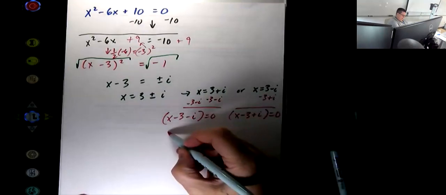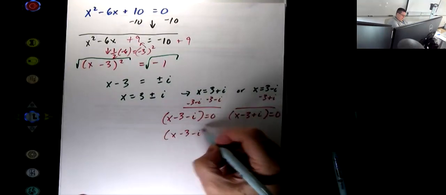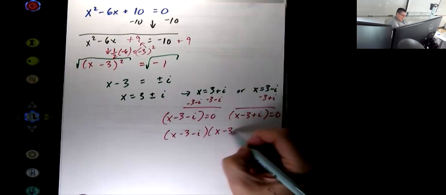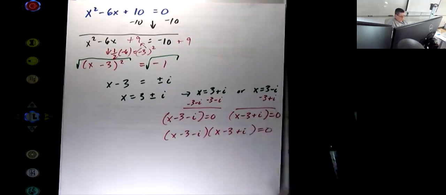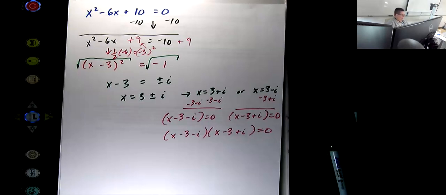So you have x minus 3 minus i times x minus 3 plus i equals 0. That doesn't look all that easy, does it? There's no way you're gonna intuit that as a factor thing.